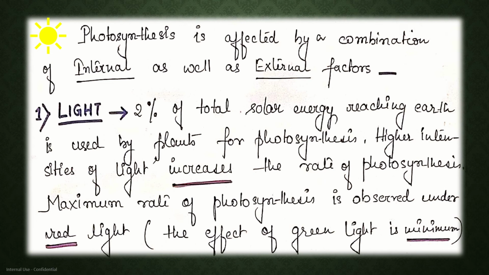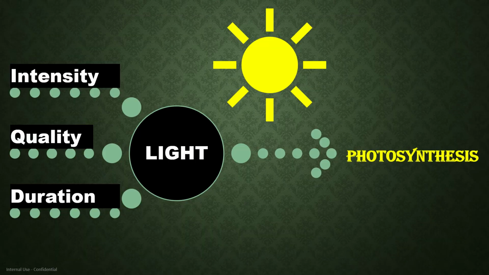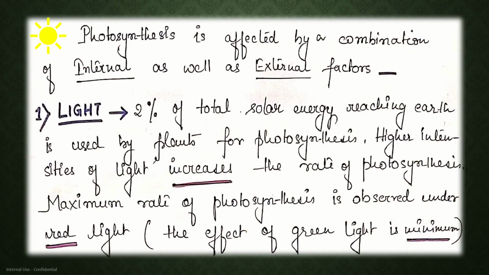Higher intensities of light increase the rate of photosynthesis. Maximum rate of photosynthesis is observed under red light, and the effect of green light on photosynthesis is minimum. Maximum is red light and minimum is green light.